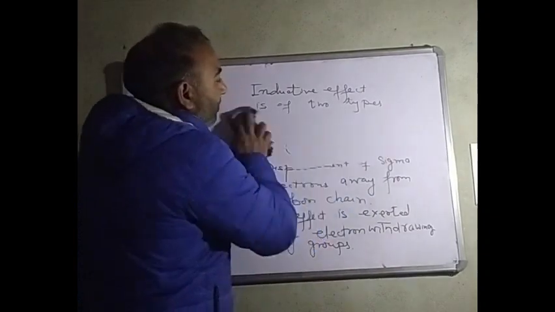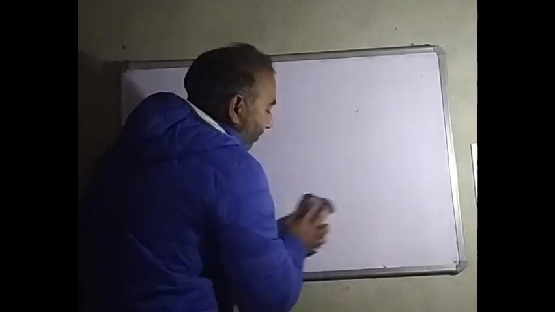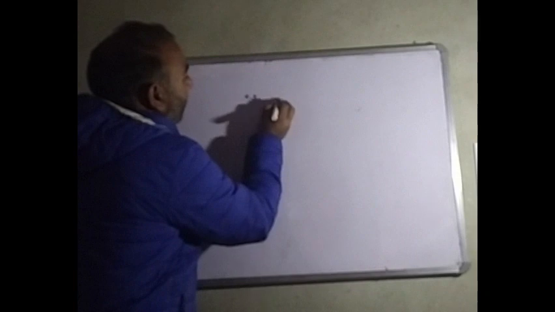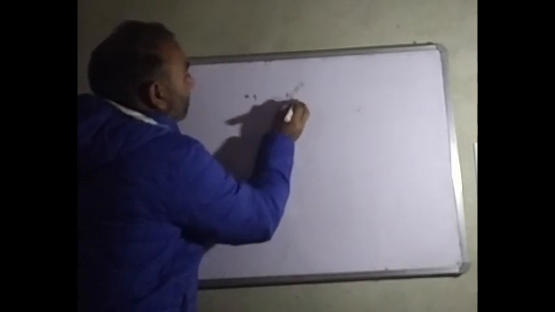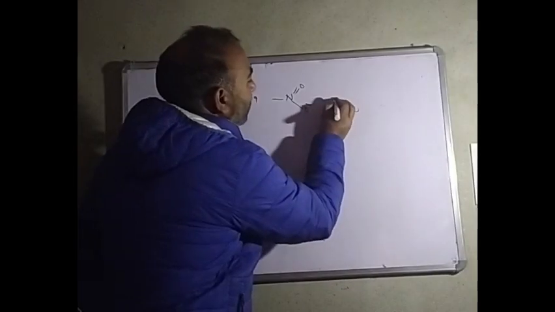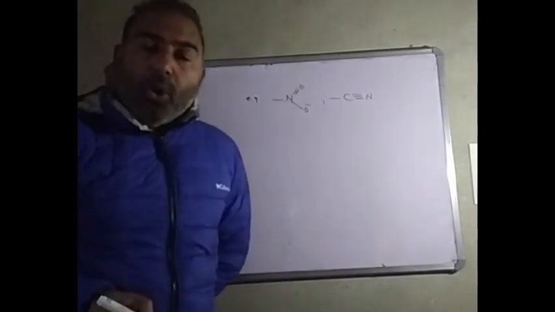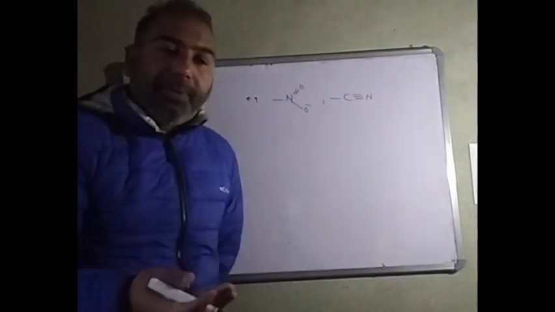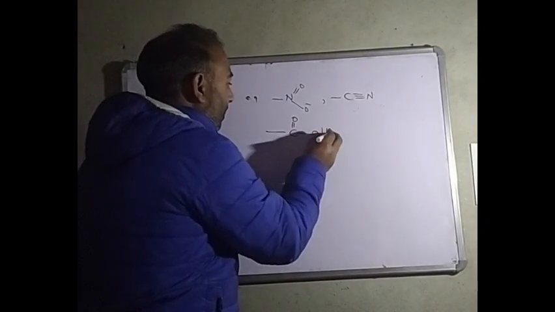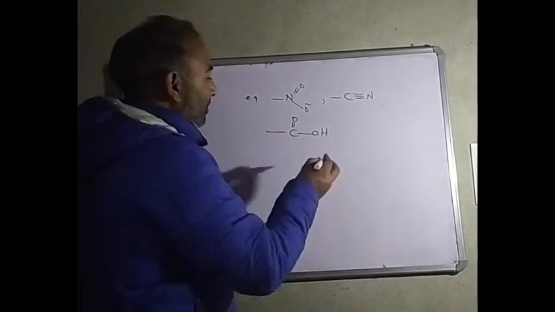What are those groups which show minus I effect? So some examples. This is called nitro group, NO2. It shows minus I. CN, cyano, also shows minus I effect. Carboxylic acid group also shows minus I effect.